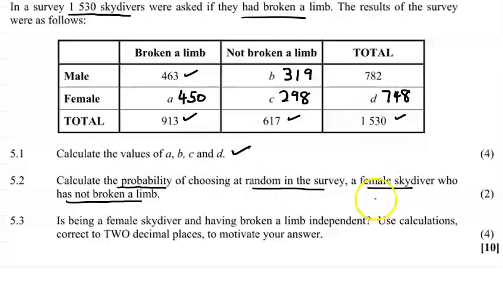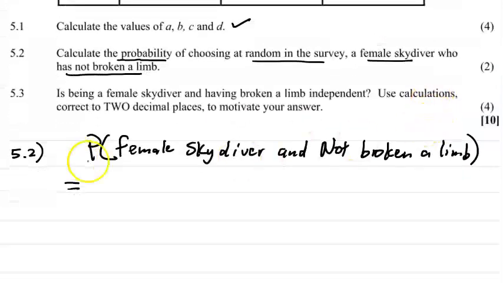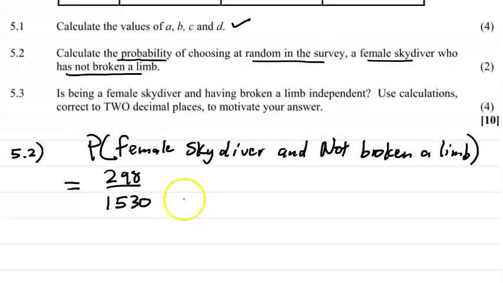We want a female skydiver who has not broken a limb, which will be 298 over 1,530, our sample space. So that'll be 298 over 1,530.